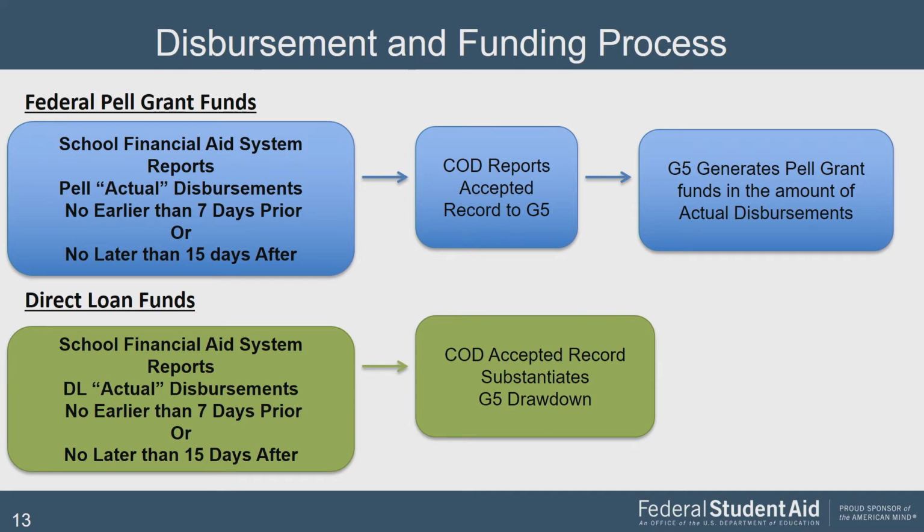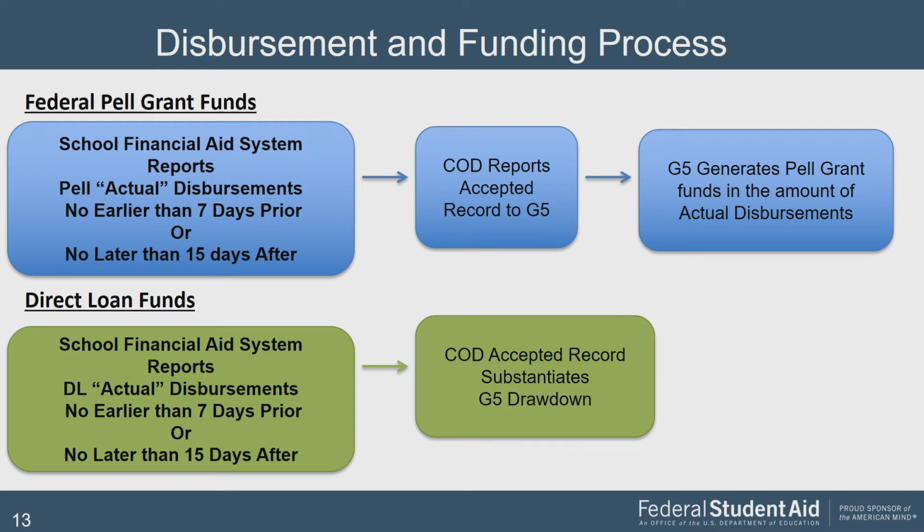This is your disbursement and your funding process. So we have Pell and we have direct loan. We have our financial aid systems reports. We're reporting Pell, we have actual disbursements. We're reporting direct loan, we have actual disbursements. We're reporting these disbursements no earlier than 7 days prior, no later than 15 days after. COD reports are accepted and recorded to the G5 system for Pell.